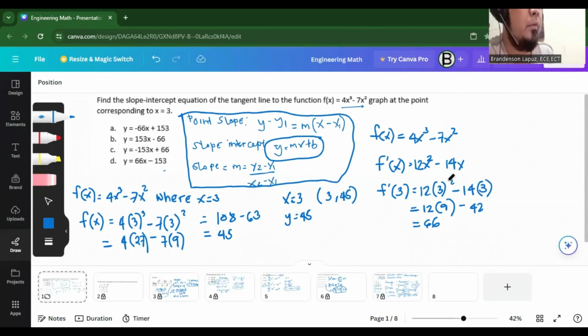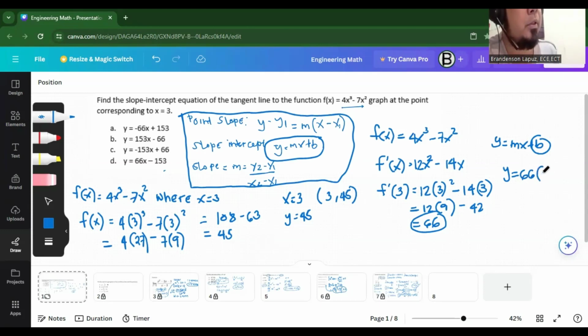Now we will use the formula y equal to mx plus b. For you to get the value of letter b, because this one is your slope already. So y is equal to, what is your m? 66.